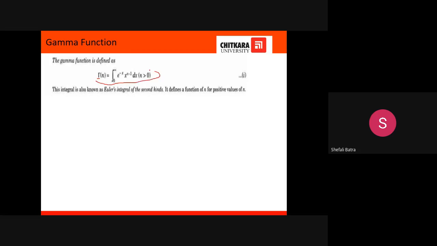This is the definition of the gamma function. For the definition of gamma, remember the limit would be 0 to infinity and one exponential function would be there and one is x raised to power n minus 1.